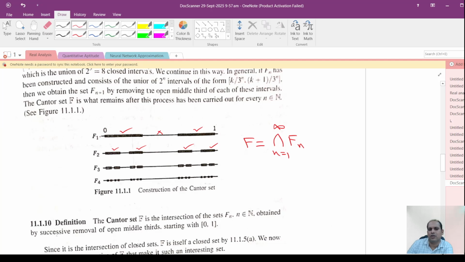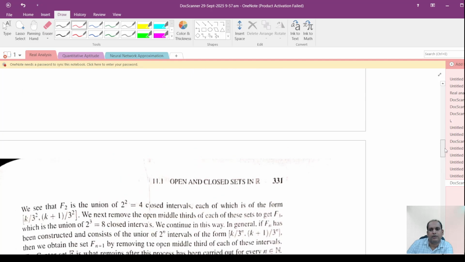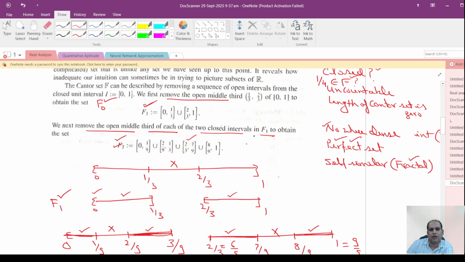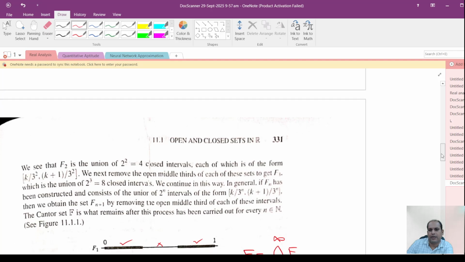F1 is a union of closed intervals, and F2 has 4 equal parts, as mentioned here. So, this is the Cantor set.